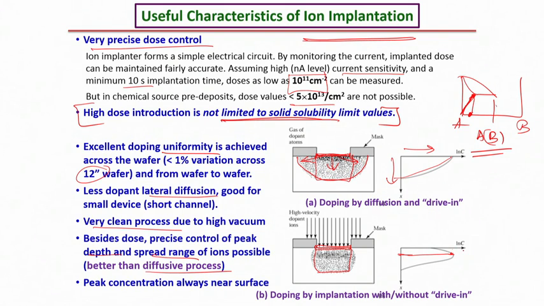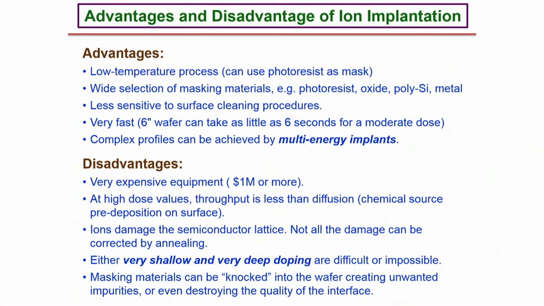Ideally, one would have liked an exponentially decaying profile like this, but because of the ballistic nature of the process, the concentration is somewhat Gaussian, like what we are seeing here. Even though the peak is not coinciding with the surface, it is not way below the surface. It's very near to the surface, so that's also an advantage.